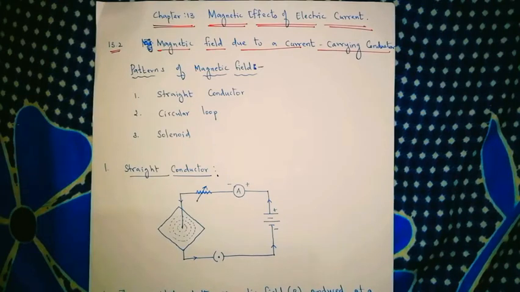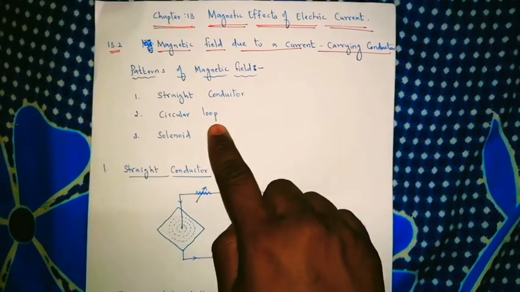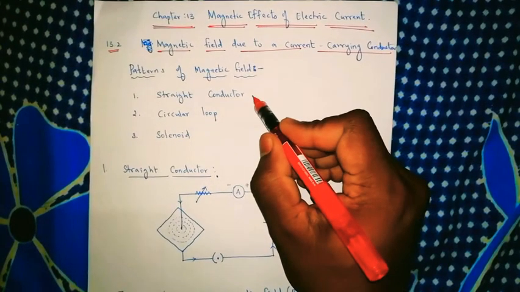Let us study the pattern and the direction of the magnetic field produced by a current passing through a straight conductor, a circular loop, and a solenoid. We are going to learn these three things, and they are very important.